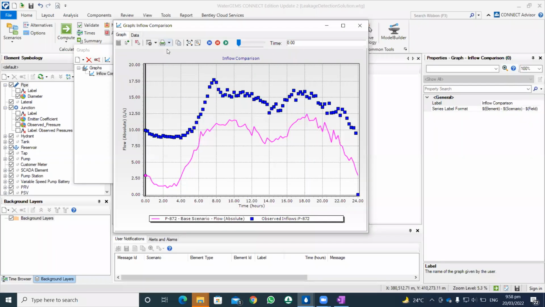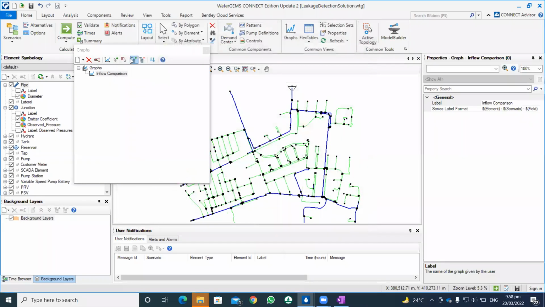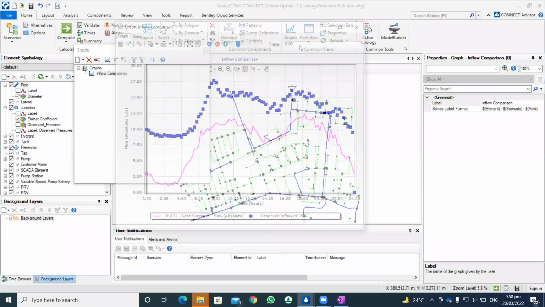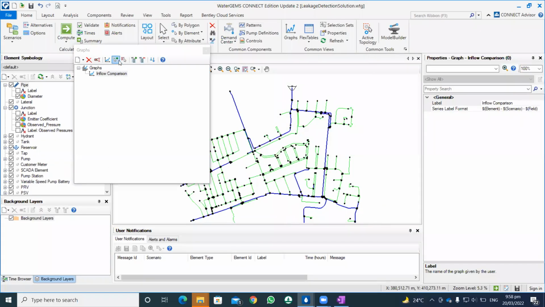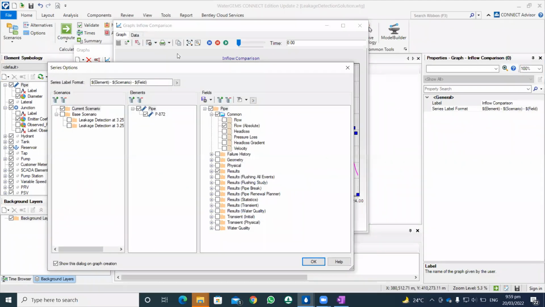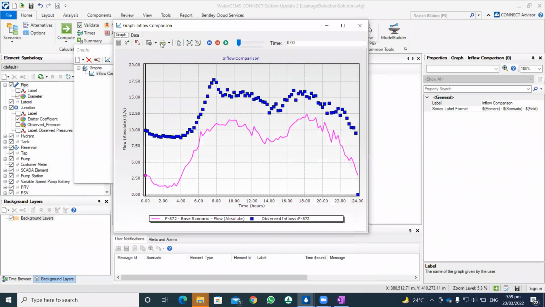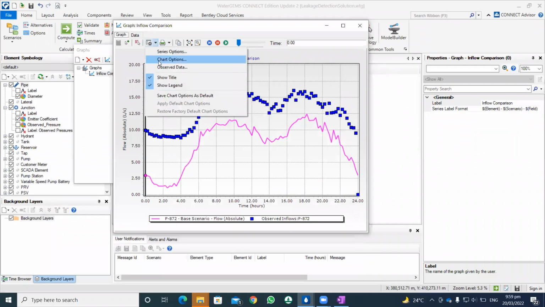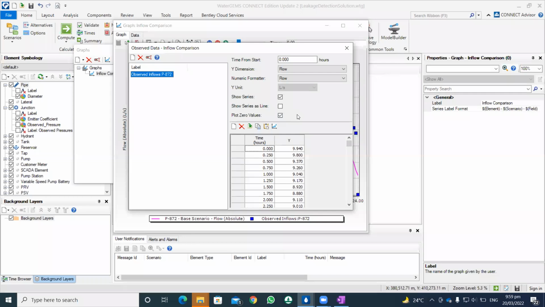I want to show you how to enter the observed data.